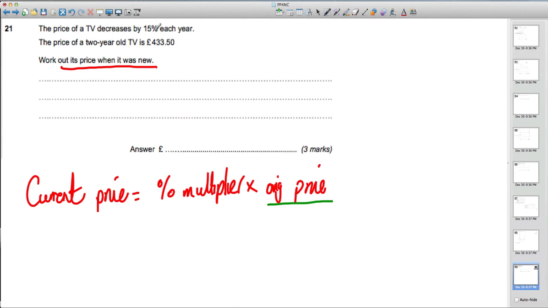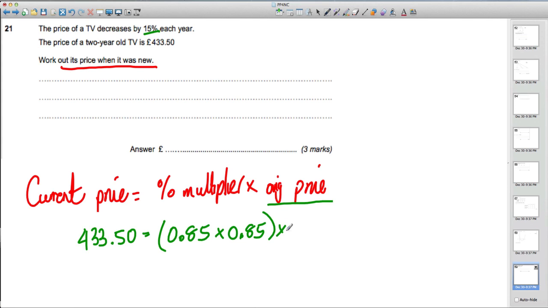Now, we know what happened was its current price is 433.50. And what happened? Each year it reduced by 15%. So the first year it reduced by 15, we multiplied by 0.85. The second year it reduced by a further 15%.